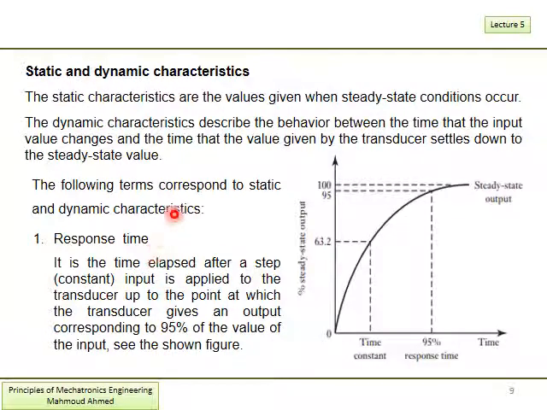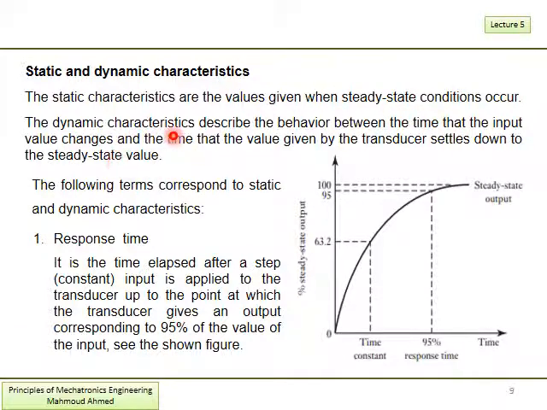Now we begin a new topic regarding static and dynamic characteristics. We consider a sensor as a system, and such a system has both dynamic and static characteristics. So what is meant by static characteristics? Static characteristics are the values when we have a steady state condition.